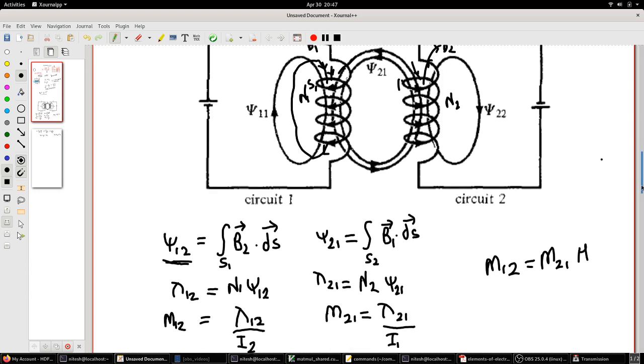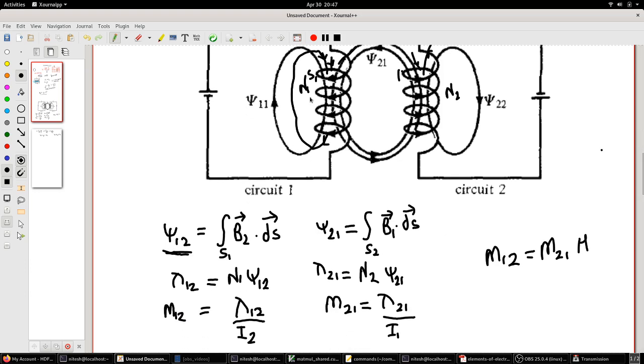There are N1 turns here, and the flux is generated only because of B2; B1 is not considered right now. So N1 into psi12 gives you lambda12. Lambda12 is the flux linkage.